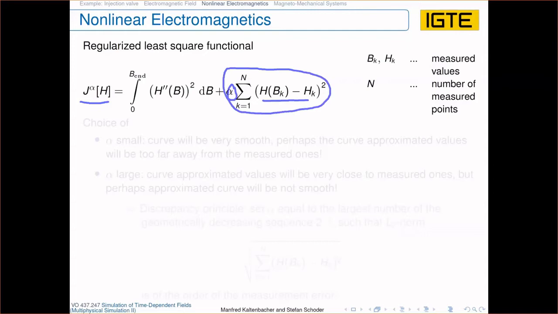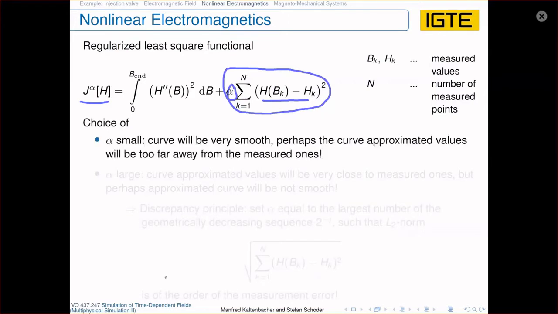On the other hand, if we more or less neglect it, we get a very smooth function. So in order to have a smooth function, alpha should be small, and therefore we need some discrepancy principle, which I will describe in the next parts. So this is the choice of alpha.